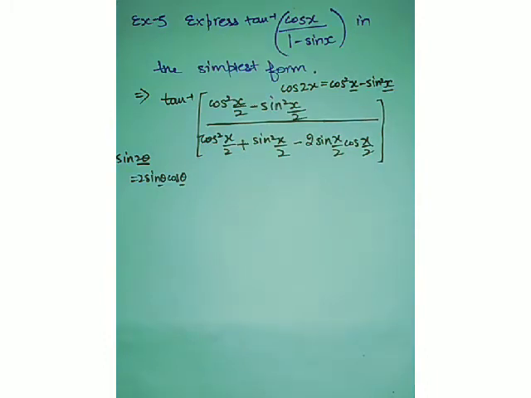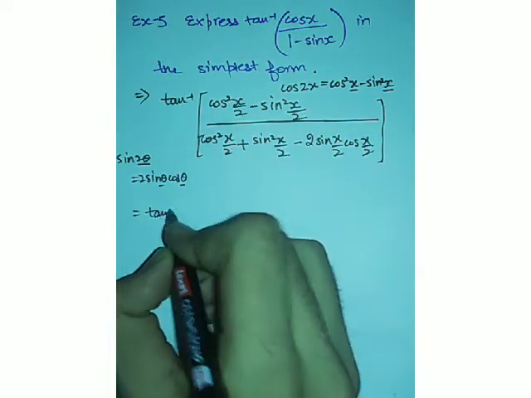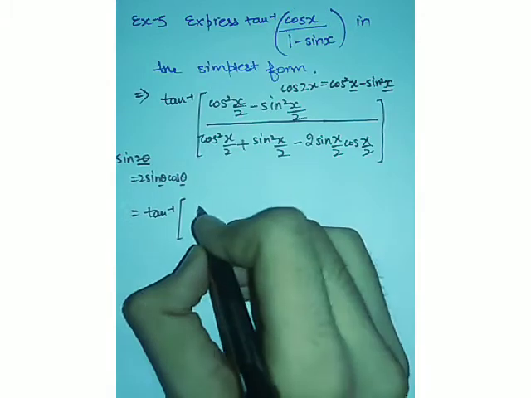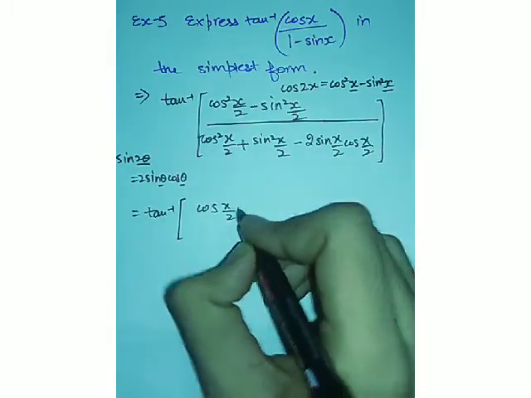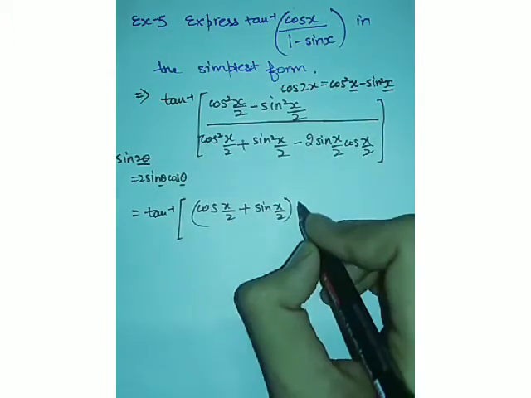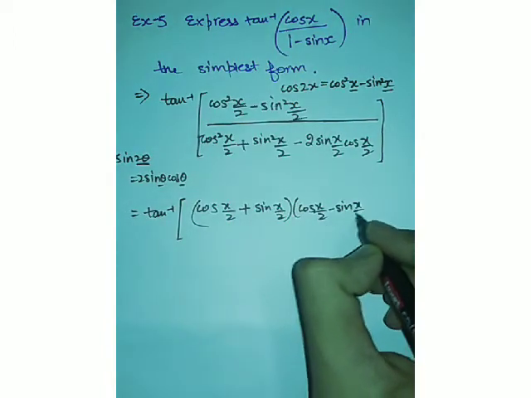And now you will see what you get. Tan inverse. Now it's a square minus b square, so a plus b and a minus b.